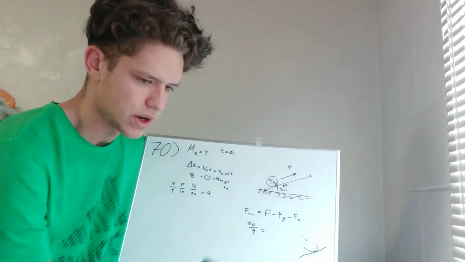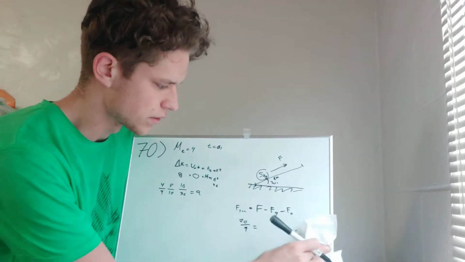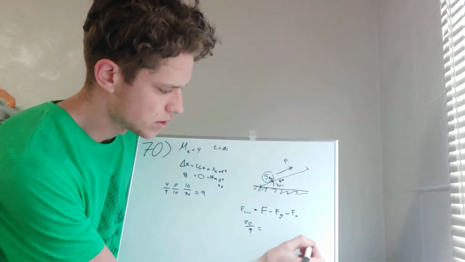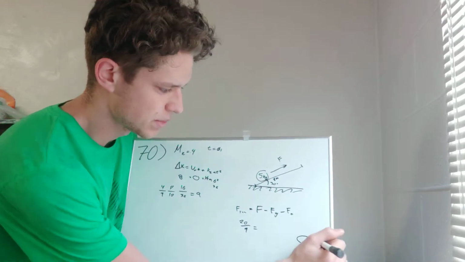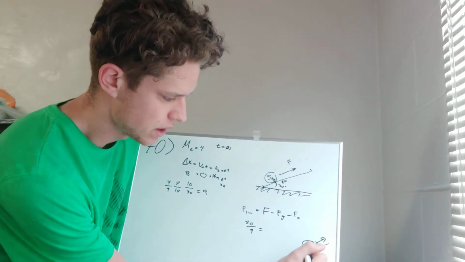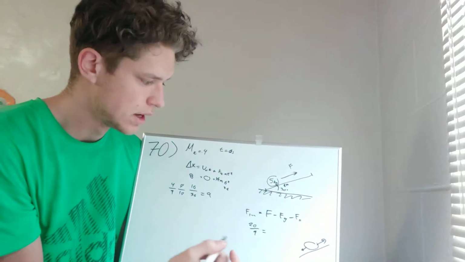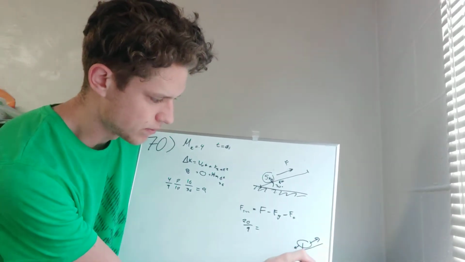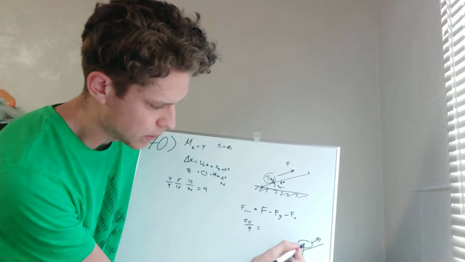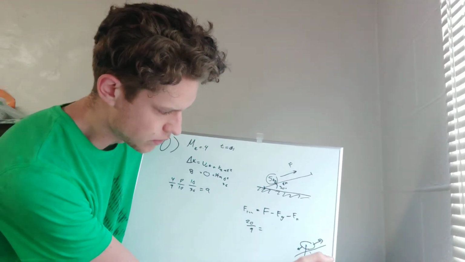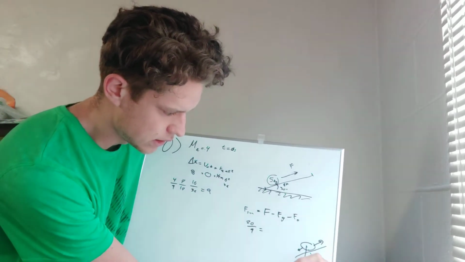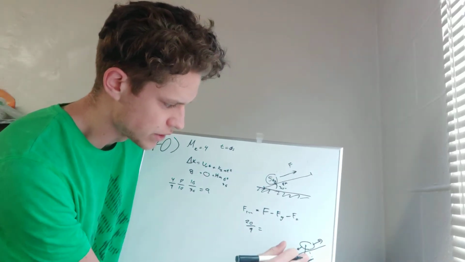I'm just going to redraw this because I drew stuff right through and made a mess. So you have your box, you have the ramp, you have a force that's pushing it up, you have friction, which is pulling it back, which is going to be less because we're moving it, and then you have the force of gravity, which only part of that is going to be acting in any way that we actually care about.